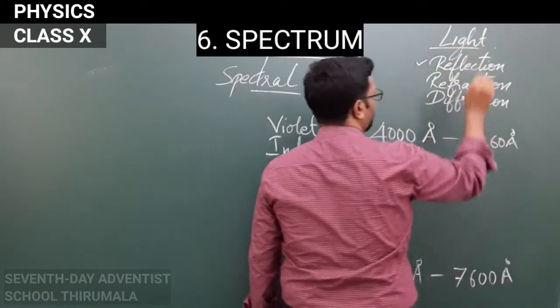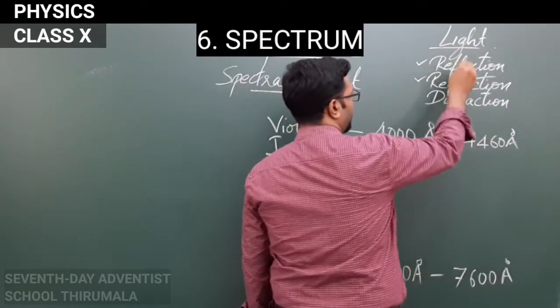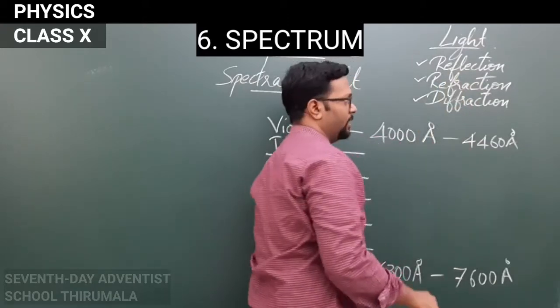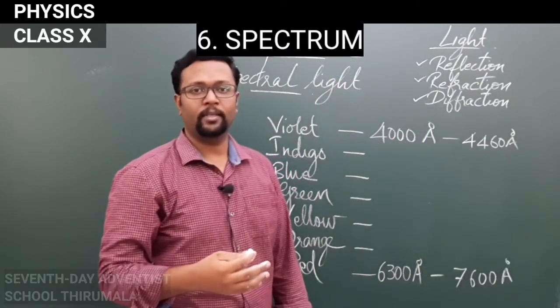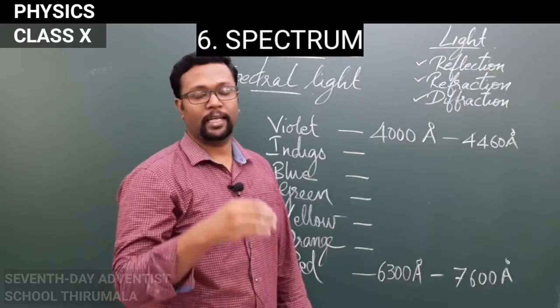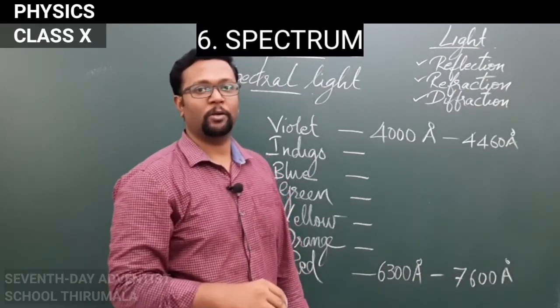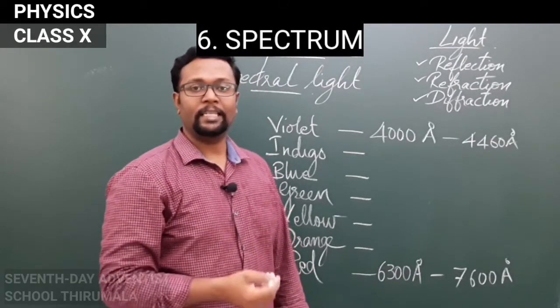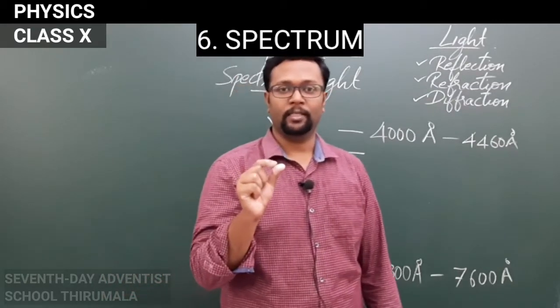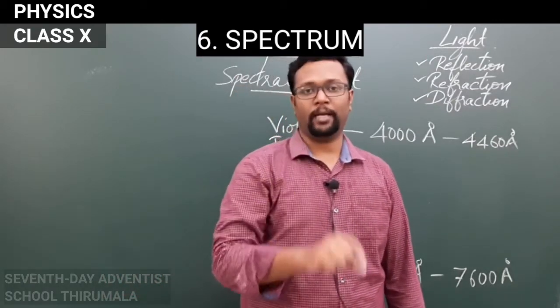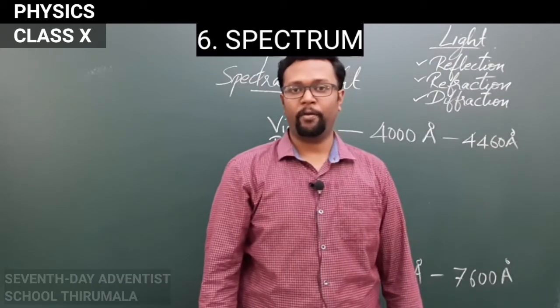You know what is reflection, you know what is refraction, and now we have diffraction, which we are not going to study this year. But when scientists studied diffraction, they came to the conclusion that light is not particle matter, but light is actually wave matter. Light is made up of waves.